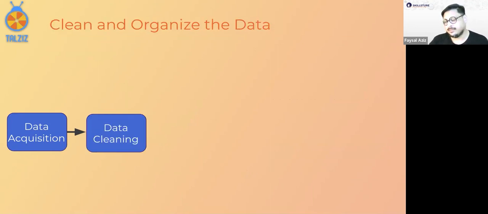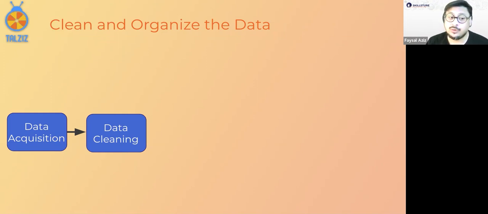Then data cleaning. What is data cleaning? Sometimes data could be missing, could be inaccurate, could be a bit skewed to one side, could be an outlier. We have to clean this data. Unfortunately, this is the most boring part of data science, and it could take anything between 60 to 90% of your time.